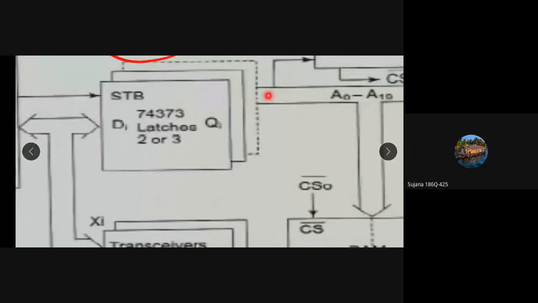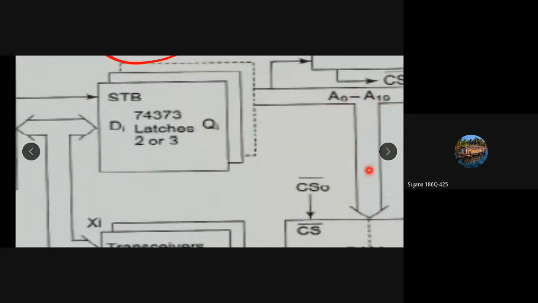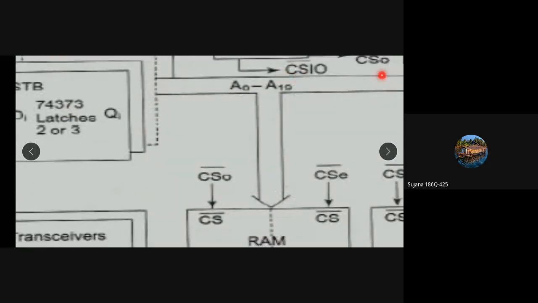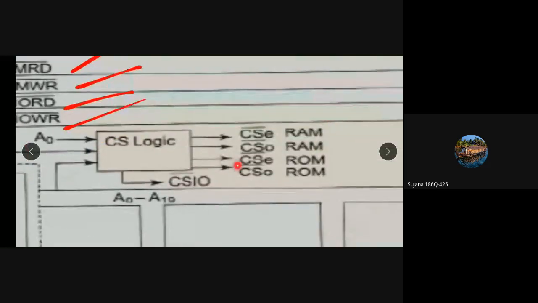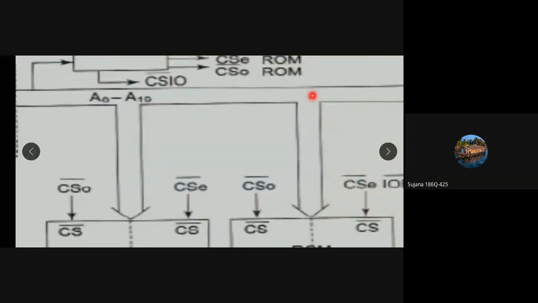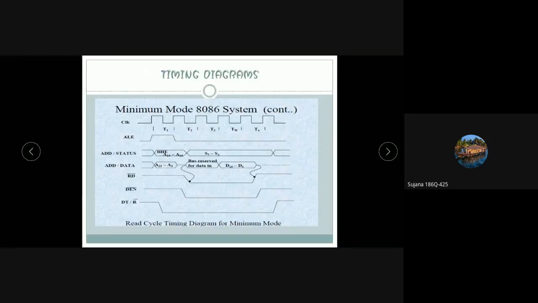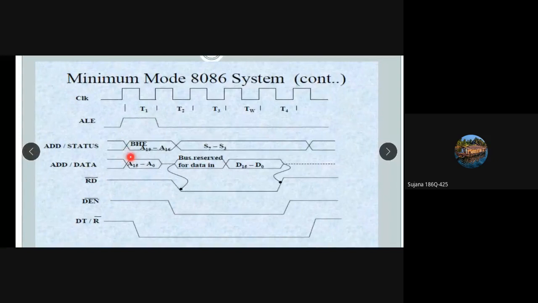It then transfers the address to the address lines. This is the path, so it will be sent to memory. You can see the path, right? Here you have address latch enable, which is activated at T1.